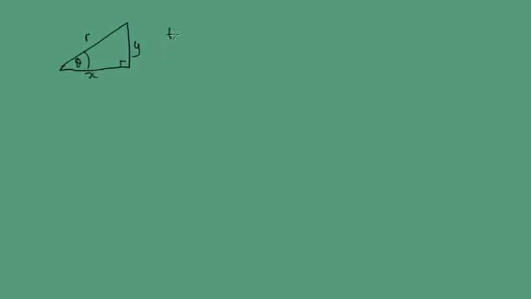So we know that tan of theta is y over x. Now, what we're going to do is play with this function. We're going to divide the numerator and denominator by r. So that means y over r over x over r.